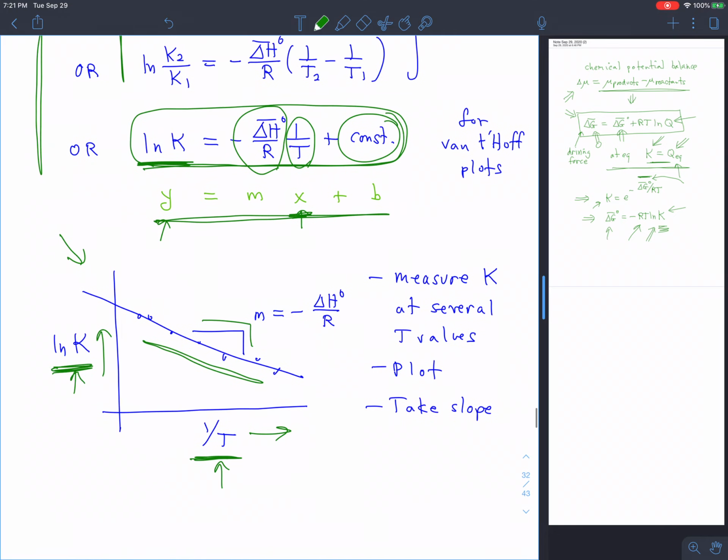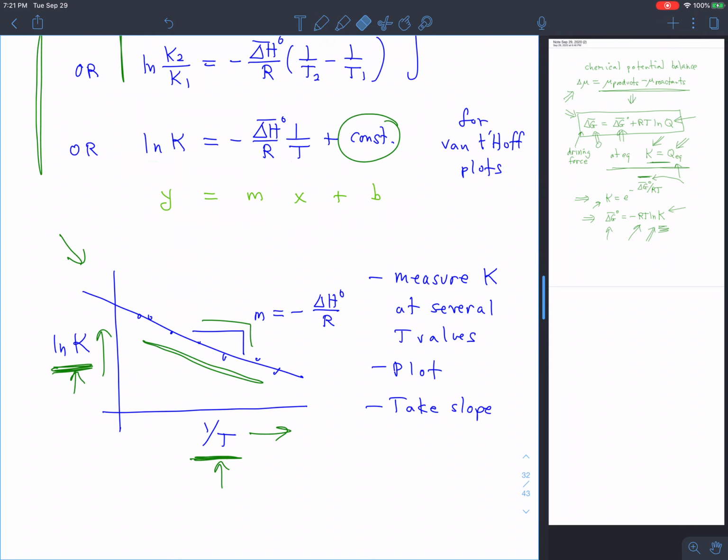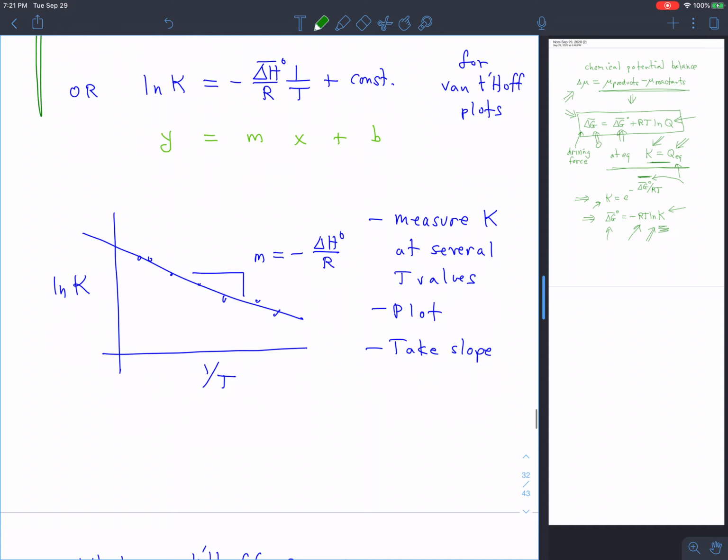If you don't get a straight line, and your data are good enough to see that, then you know that the whole Van't Hoff analysis is not good. You've got to do something more complicated. But presuming you get a straight line, and I've never encountered a situation where you don't, then the slope of that straight line is the same thing as minus delta H divided by R.